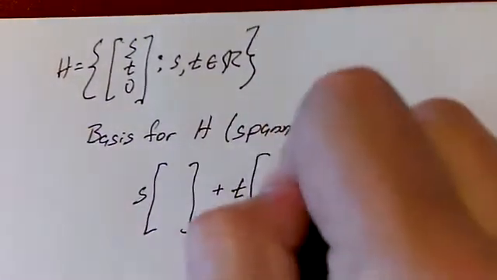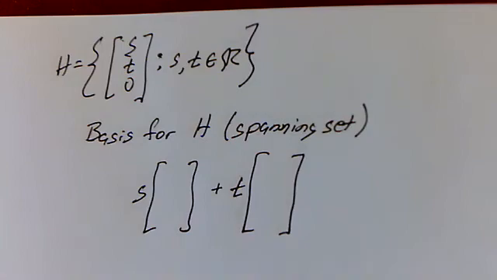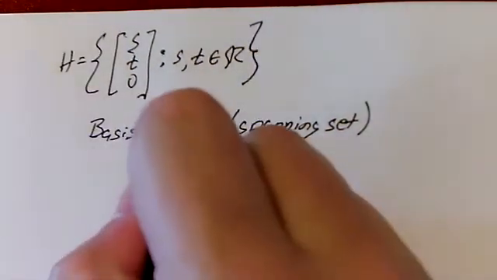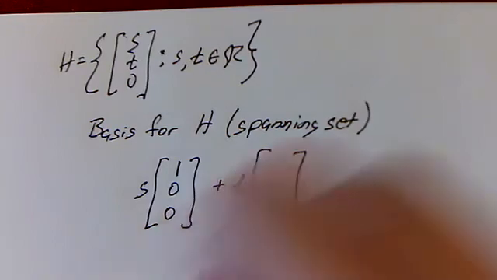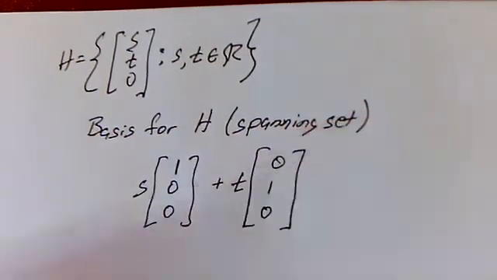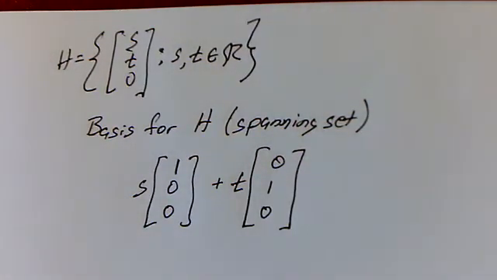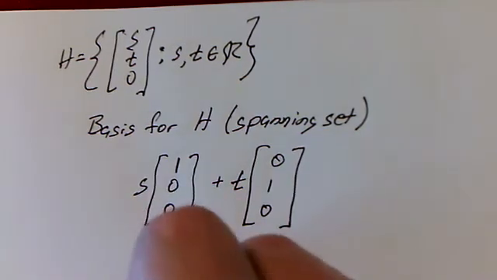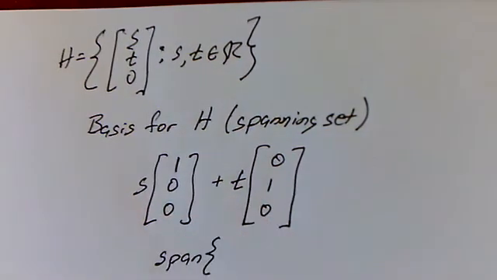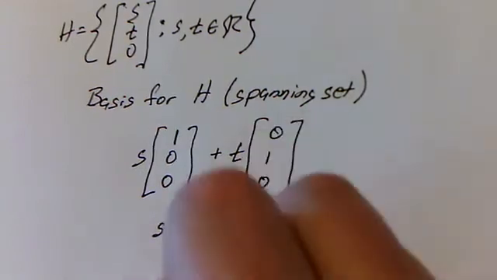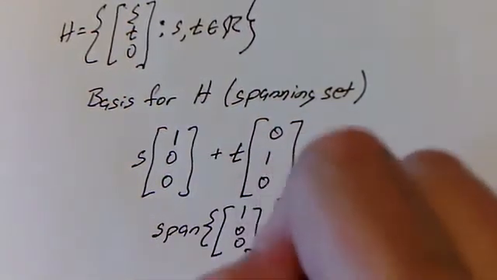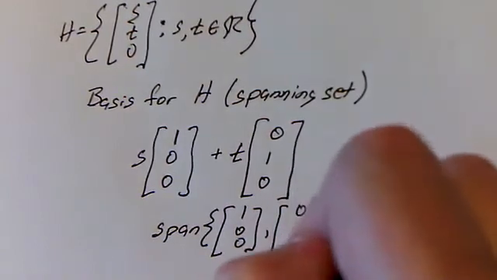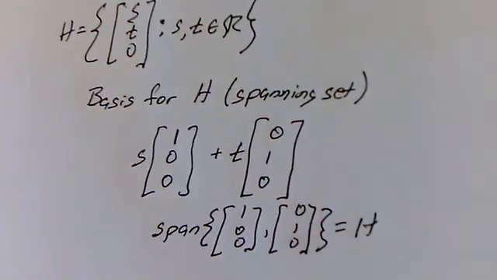For S, I have 1 copy in the first position, and no copies after that. For T, I have 0, 1, and 0. Well, you should recognize these 2 vectors, they're the identity vectors, right? The span of 1, 0, 0 and 0, 1, 0 is equal to H.